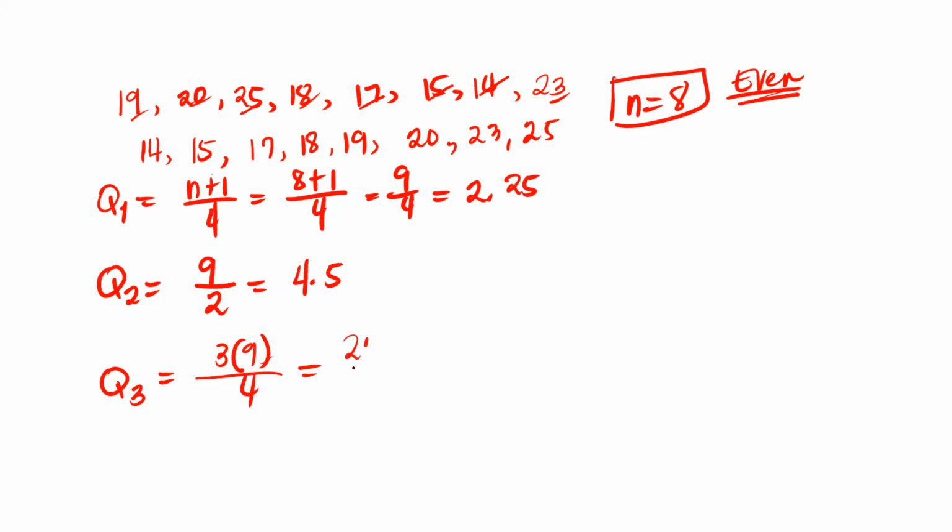That's 27 divided by 4. We have 6.75 po. Correct. So, gamit tayo dito ng Mendenhall and Sincich. And then yung isa naman is linear interpolation.